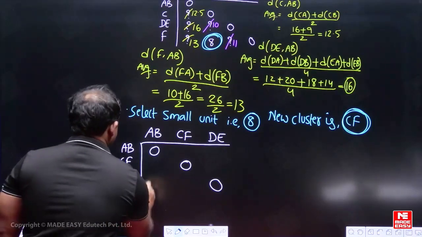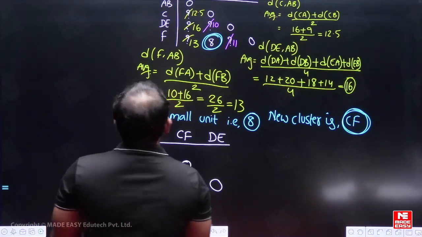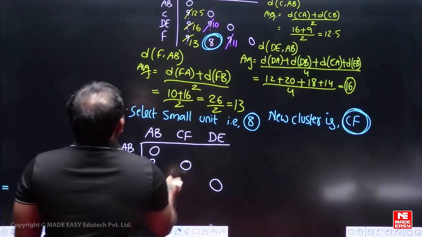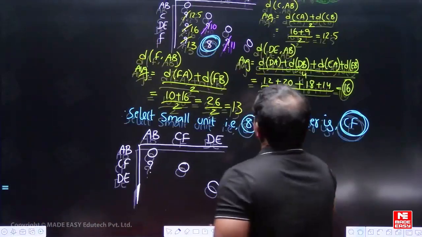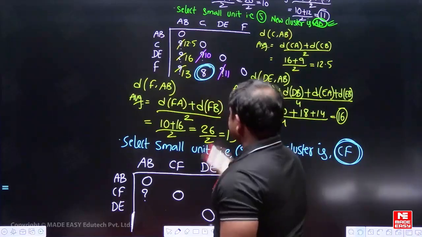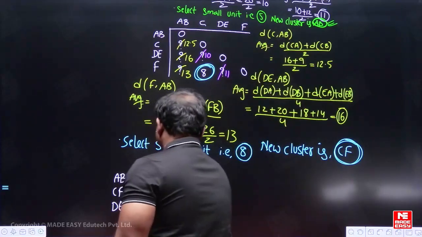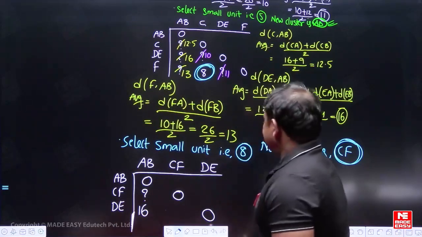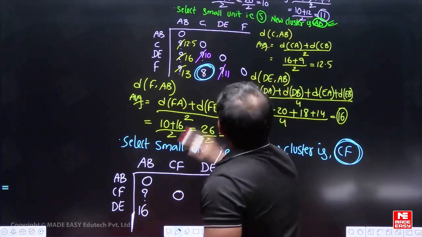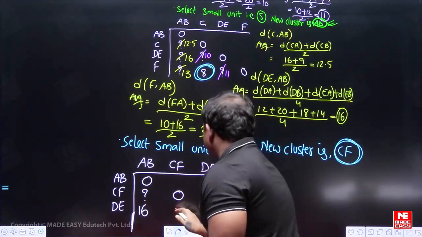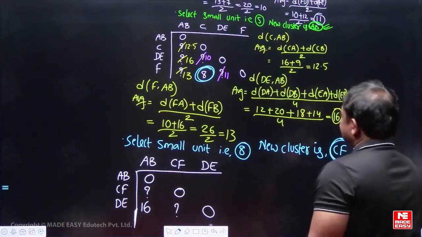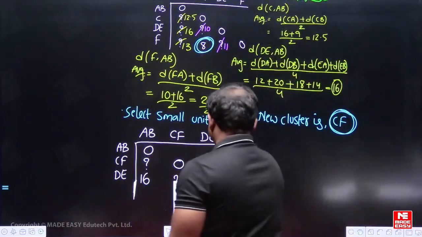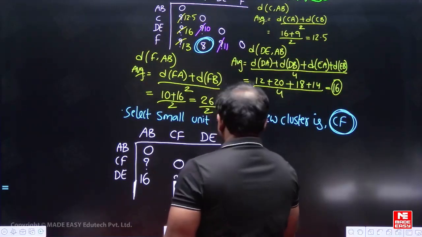Right, now AB-CF we need to calculate. AB-DE is as it is now. Here the AB-DE value is already present, that is 16. No change here. Correct? Then the CF-DE value will be changed. Only those values that changed we need to calculate. Now see this.